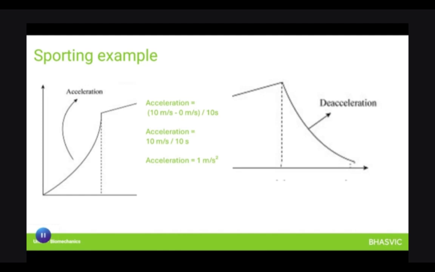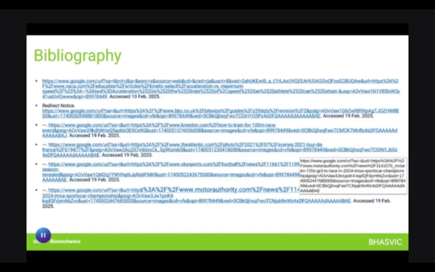This means his final velocity was 0 meters per second. It took him 4 seconds to decelerate and come to a stop. This means we can calculate the deceleration by doing 0 meters per second take away 9 meters per second divided by 4 seconds, which would give a deceleration of minus 2 meters per second squared to one significant figure.